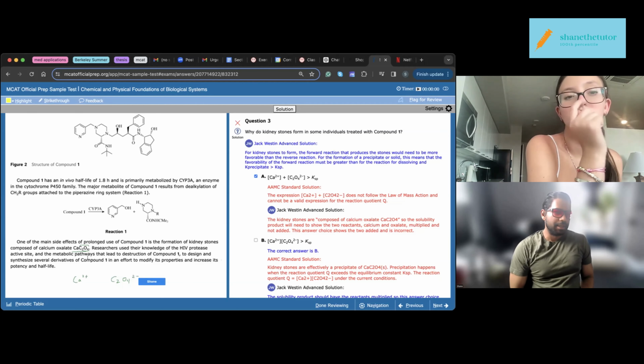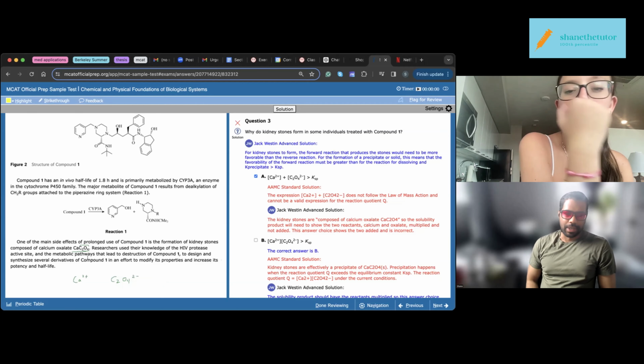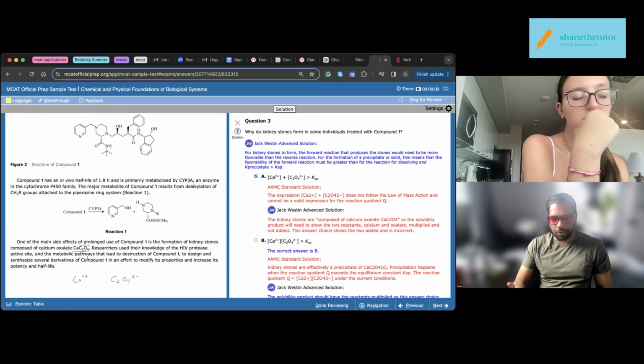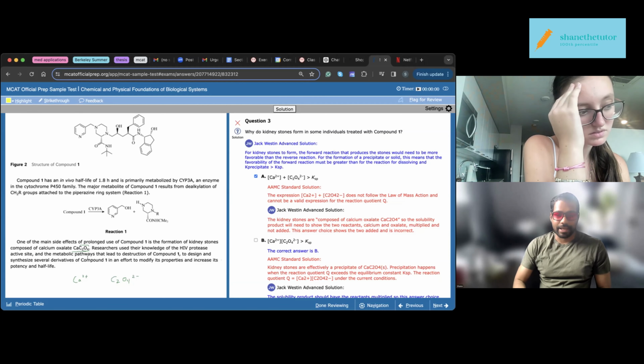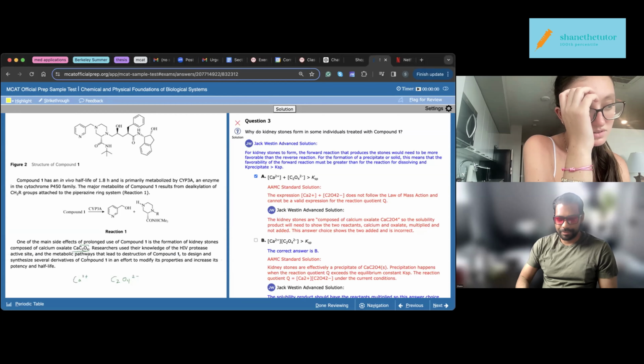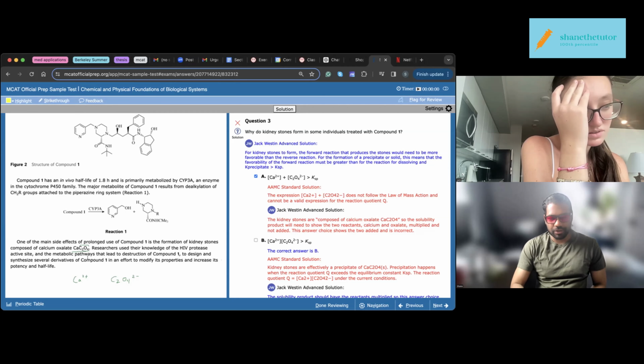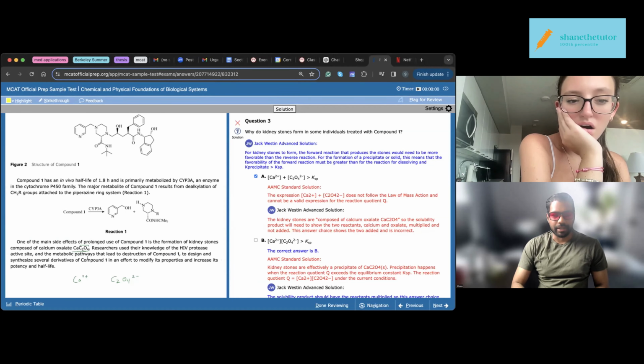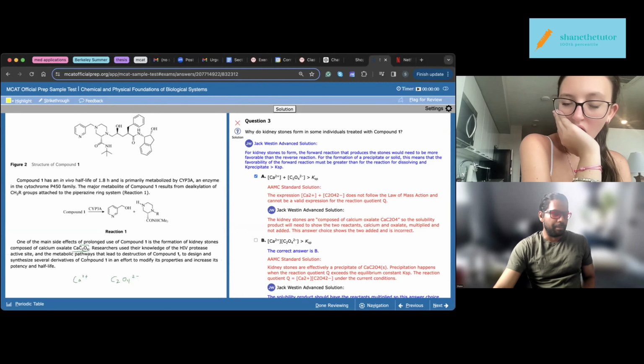So in K expressions, you're always going to be doing the product over reactant, but for KSP in particular, which is solubility, since your reactant is going to be a solid, that means that we don't include the reactant in that expression for KSP, but you'll be multiplying them.